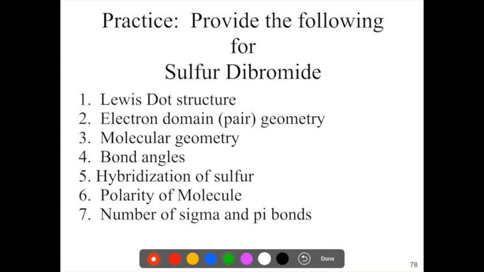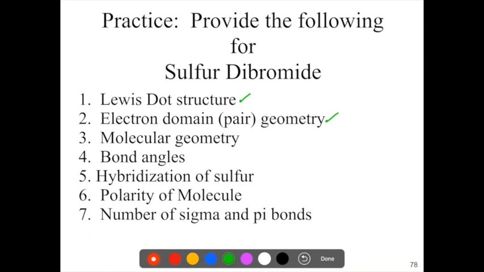And so when you do Lewis structures, you must determine how many electrons each atom is contributing, and draw the Lewis structure. And then you will go back and count how many electron domains are around.